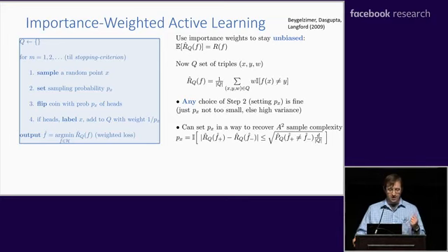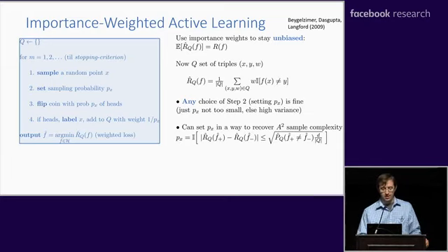So the idea there is on each round, you get this x. And now let's set a probability, let's say p sub x, that you query that point. And then you flip a coin with that probability as its bias. If it lands heads, you query. If it lands tails, you don't. But if you do query the label, add it to the data set, but add it with a weight 1 over p, or 1 over p sub x.